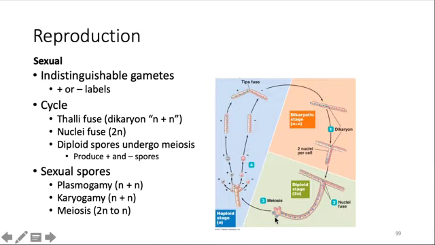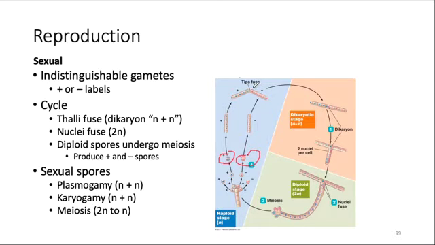For the sexual component of their life cycle, there are gametes that have to come together. The donor and the acceptor, positive and negative, have to come together. So there are three phases of sexual reproduction, that is, the production of spores by sexual means. You would have two gametes, the positive and the negative, coming together, and then they will fuse together.